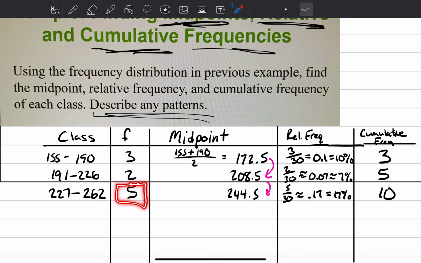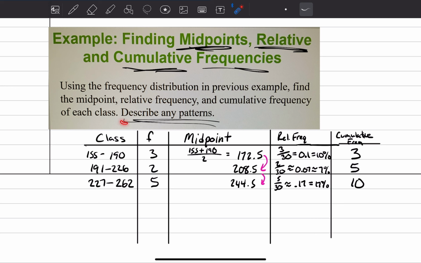Half of the data so far is in this class. Because so far we have 10 frequencies, and 5 of them are within this one class. So that's one example. That's really all it means to describe patterns. Just, is there anything that stands out to you?